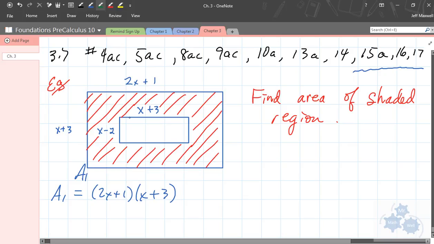The other portion here that we're looking for is the area of your concrete piece, or the inside area. So this is area 2. So how do I find an expression for area 2? Well, same thing, right? Length times width. So this is x plus 3 times x minus 2.